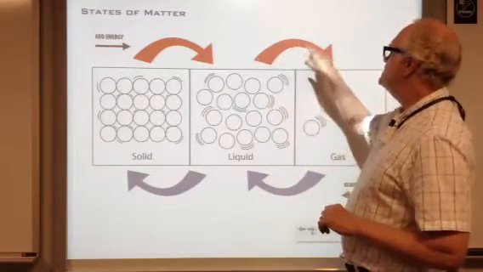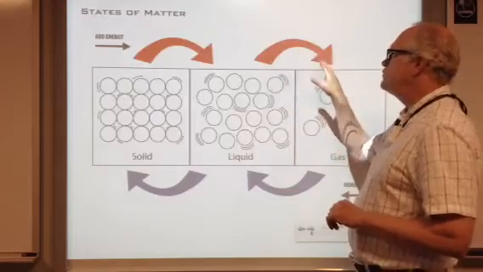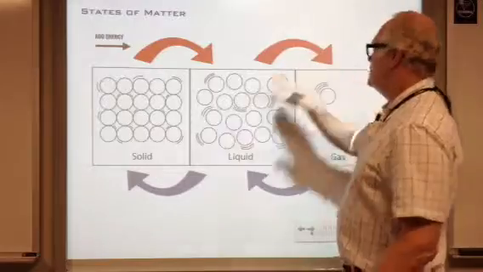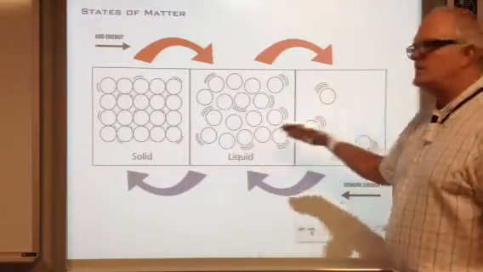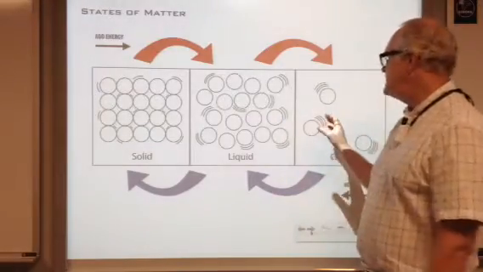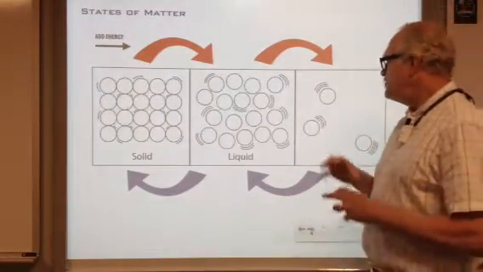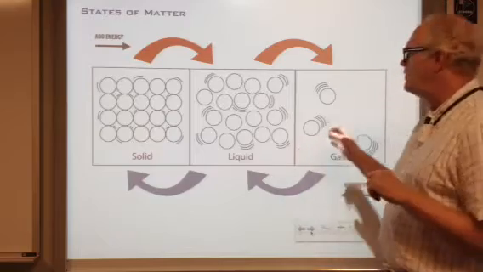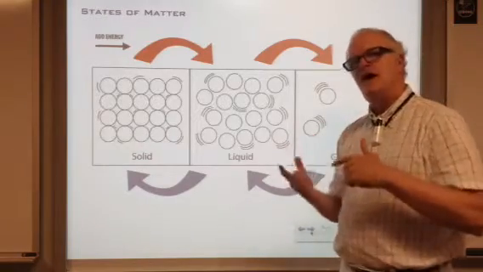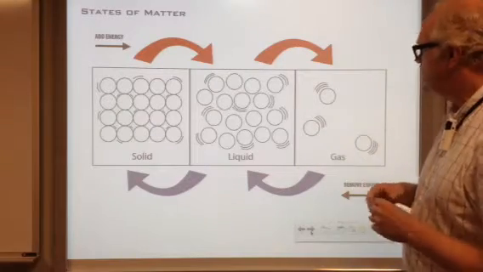So if we continue to add some energy, and that's what our red arrow is showing us, we're adding energy. If we add enough energy to a liquid, we can turn it into a gas. And when a substance is a gas, the individual particles are moving so much on their own that they are not attracted to the other particles. Their movement overcomes the attraction.